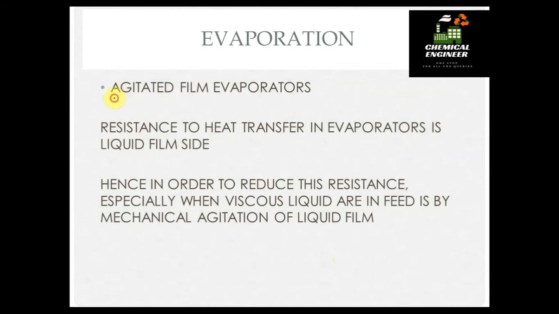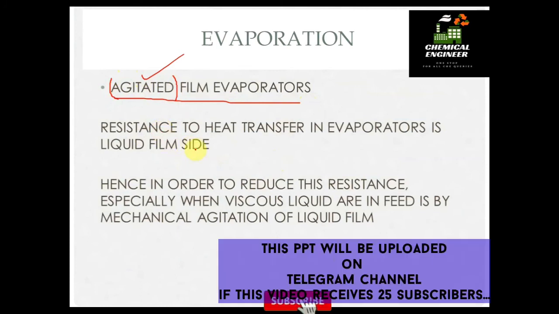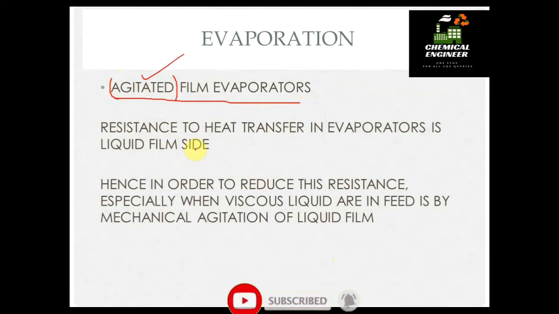Next, type B is the agitated film evaporator. Why are we doing film evaporation by using agitation? Agitation is generally used when we want to enhance the overall heat transfer coefficient. Generally in evaporation, the resistance to heat transfer is on the liquid film side.